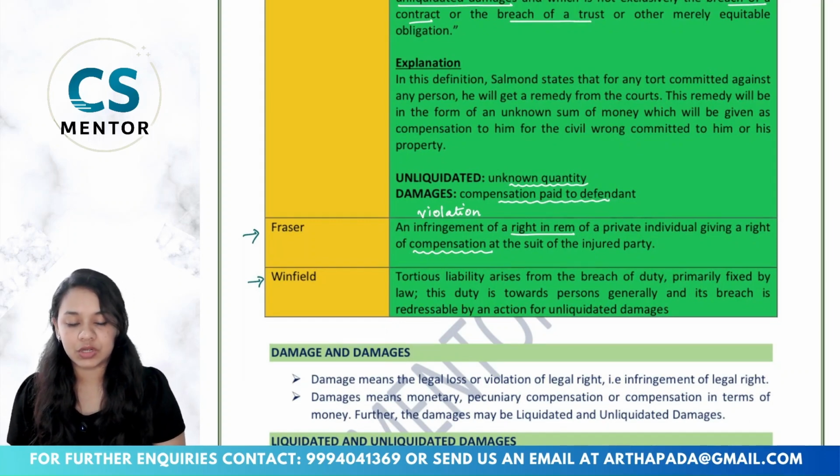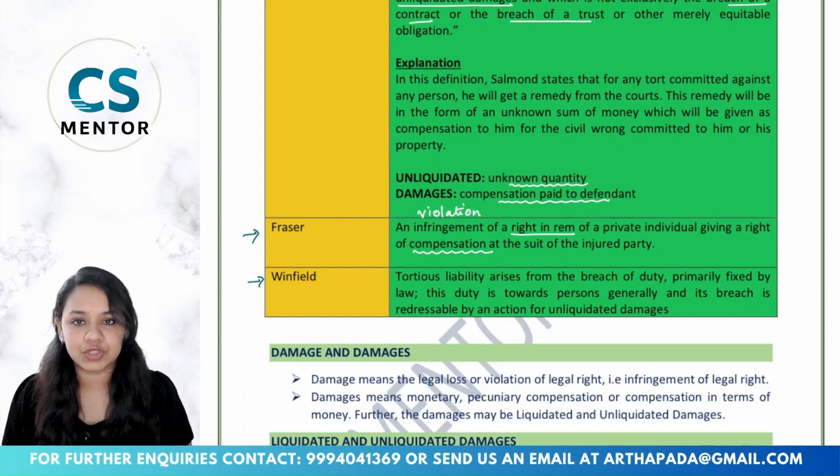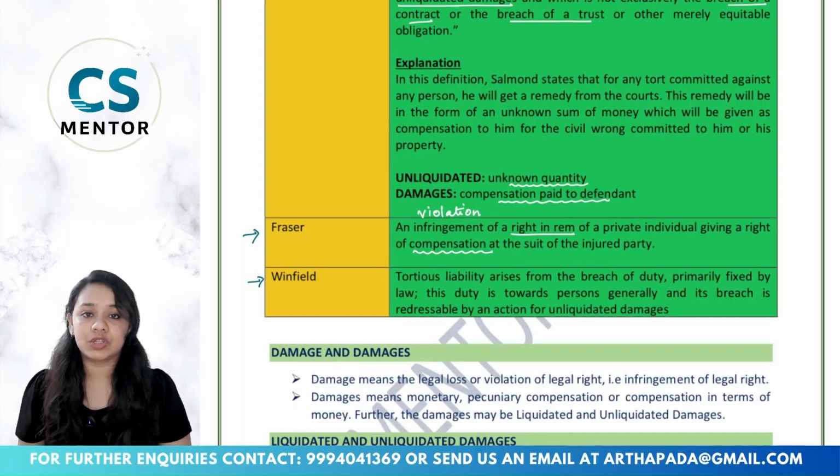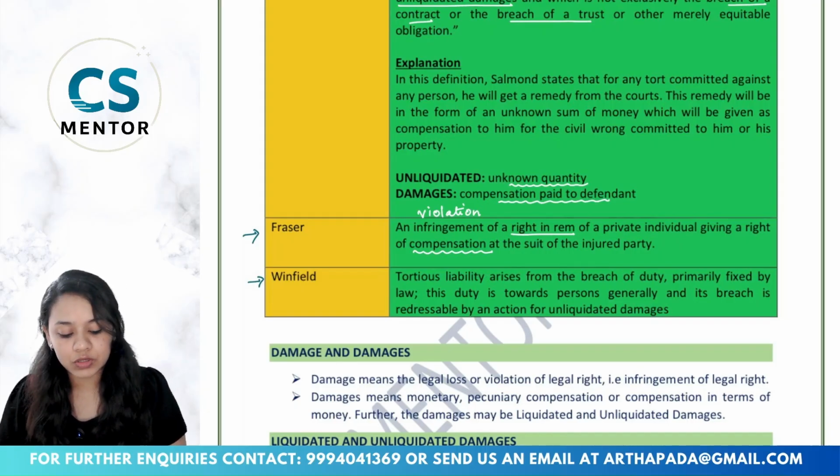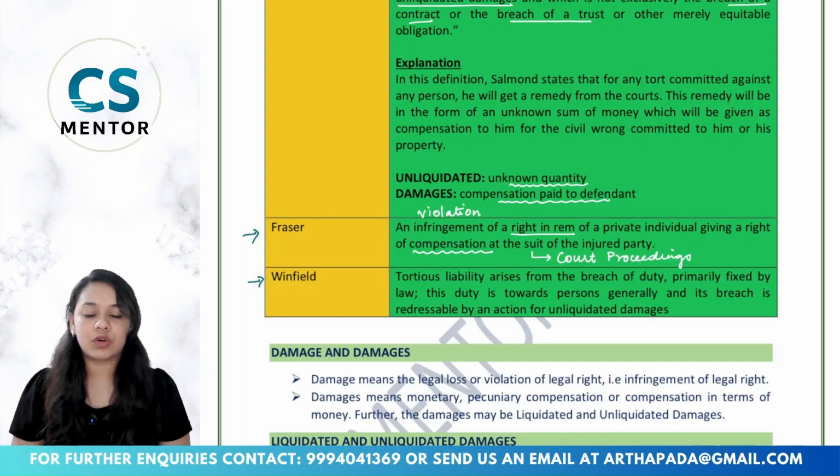What is compensation? Essentially, unliquidated damages at a suit of the injured party. Now, a suit usually refers to court proceedings. In civil law, whenever we're referring to a court proceedings under civil law, we call it as a suit.